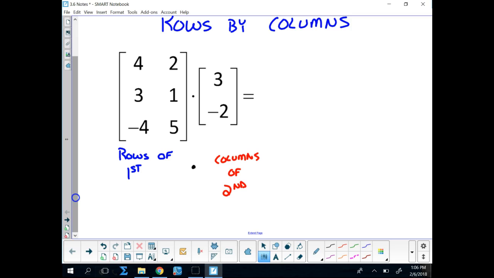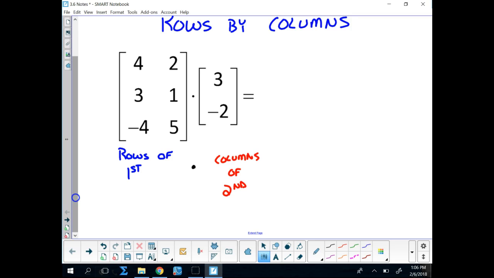Okay? Now, the kicker that's new, because we're multiplying, is, let's say I multiplied 3 and 2. What's 3 times 2? 6. What's 2 times 3? 6. Order doesn't matter, right? 7 times 3 is the same as 3 times 7.